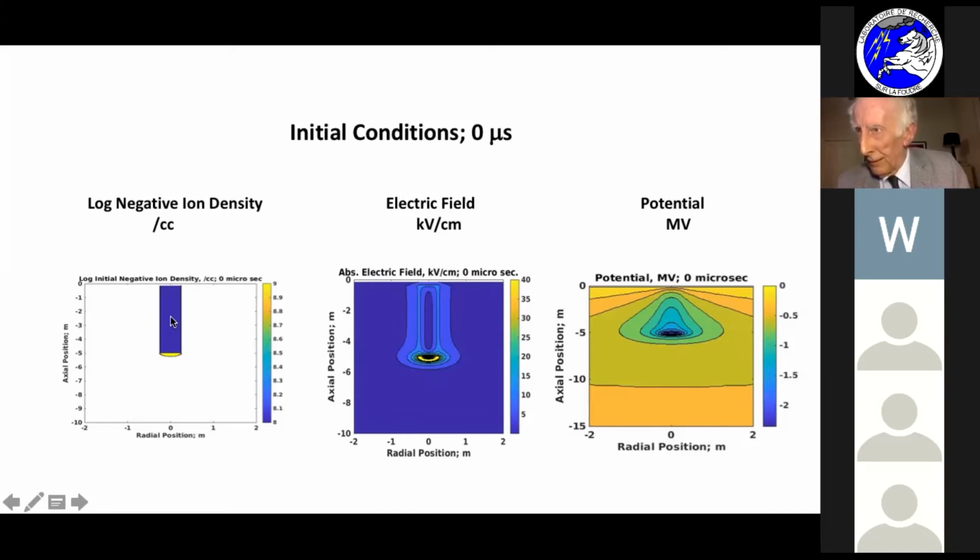And I've chosen a cylindrical column of negative ions of length 5 meters and diameter about a meter. And at the tip, I've put a density of negative ions of 10 to the 9 per cc, and here it's only 10 to the 7. And this whole structure is chosen so I get a field urging electrons to go downwards, where I'm going to try and simulate a leader.